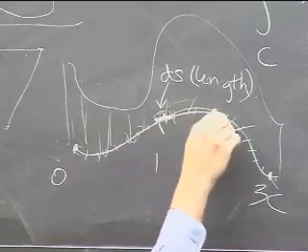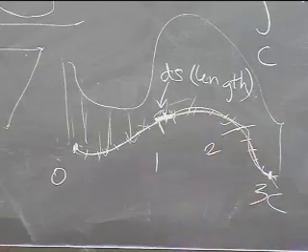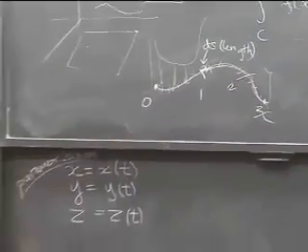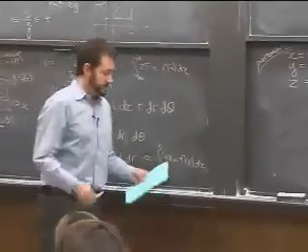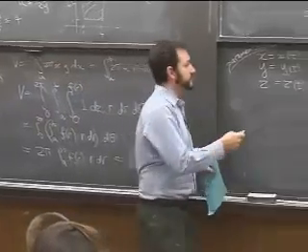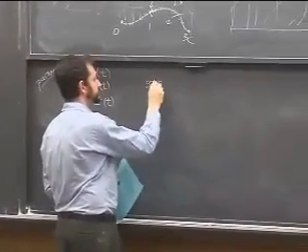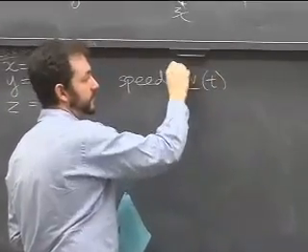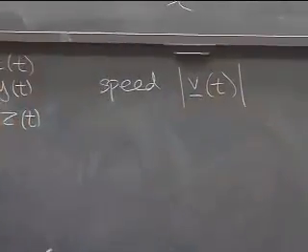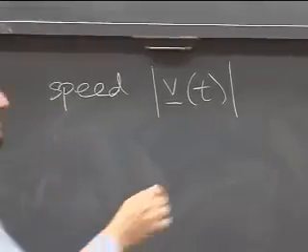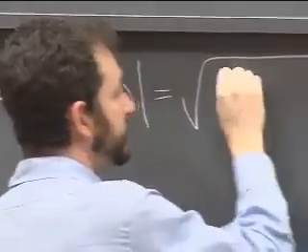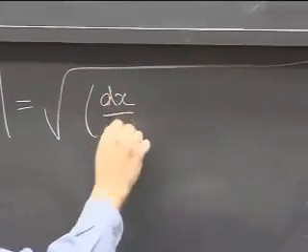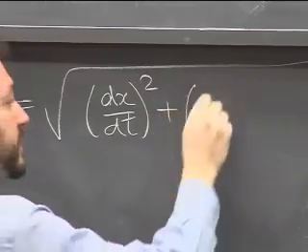It could actually be faster and then slower, and etc. So different parameterizations are possible. Now, given that, you can find the speed, which is just the length of the velocity vector. We've seen this before when we did arc length.